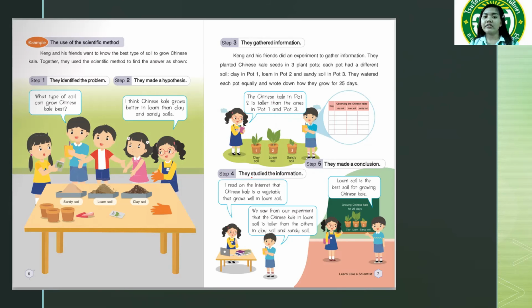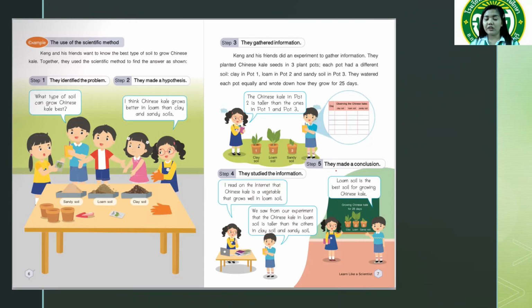So after gathering the information, they studied. I read on the internet that Chinese kale is a vegetable that grows well in loam soil. We saw from our experiment that the Chinese kale in loam is taller than the others in clay soil and sandy soil.